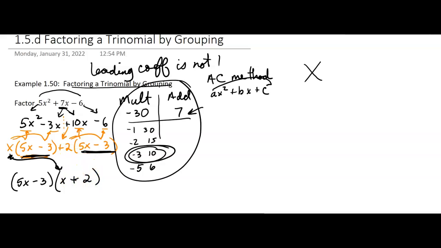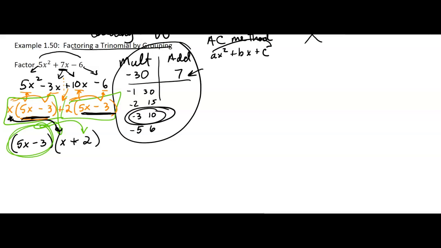So think about it. You're taking all of this times x, that's this part. And then you're taking all of this times 2, and that's this part. Kind of tricky, huh? Okay. So my answer, though, is 2 binomials, 5x minus 3 times x plus 2.